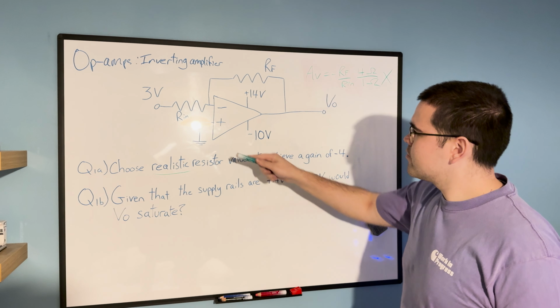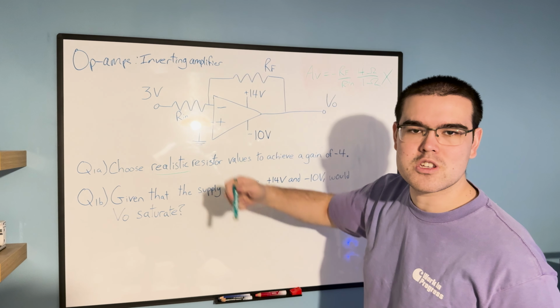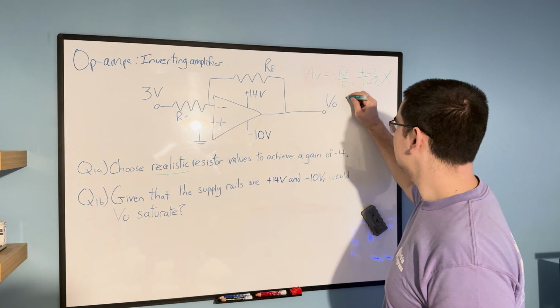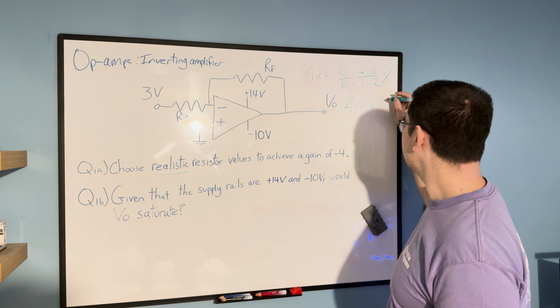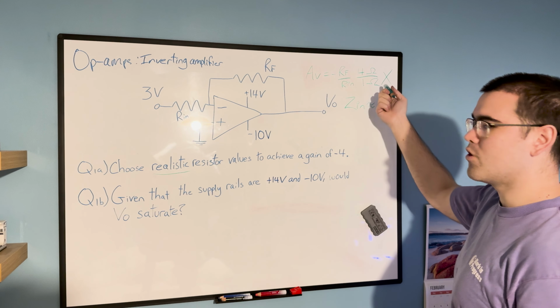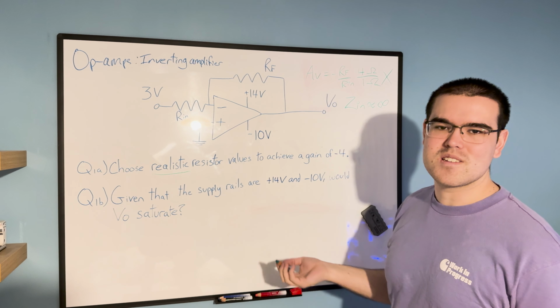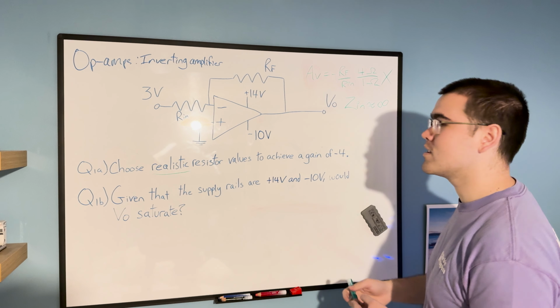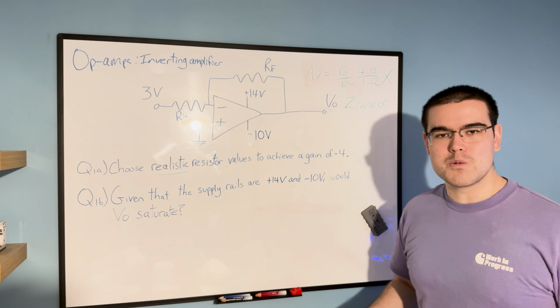Because as you may see here, this input resistance is now responsible for the rule of Zin must be theoretically infinity. So if you choose 1 ohm, that's closer to 0, never mind infinity, so that's just not going to work. So choose sensible values, so in the order of kilo ohms, for example.